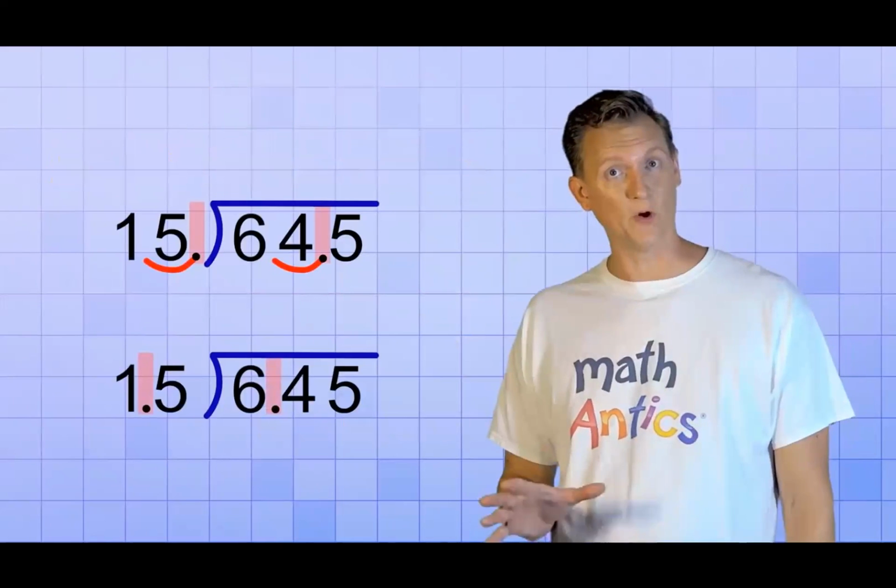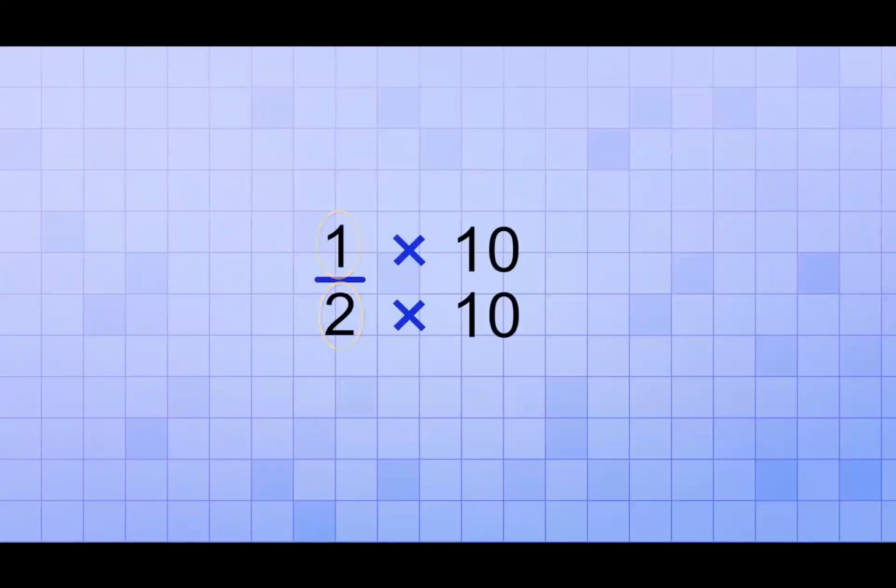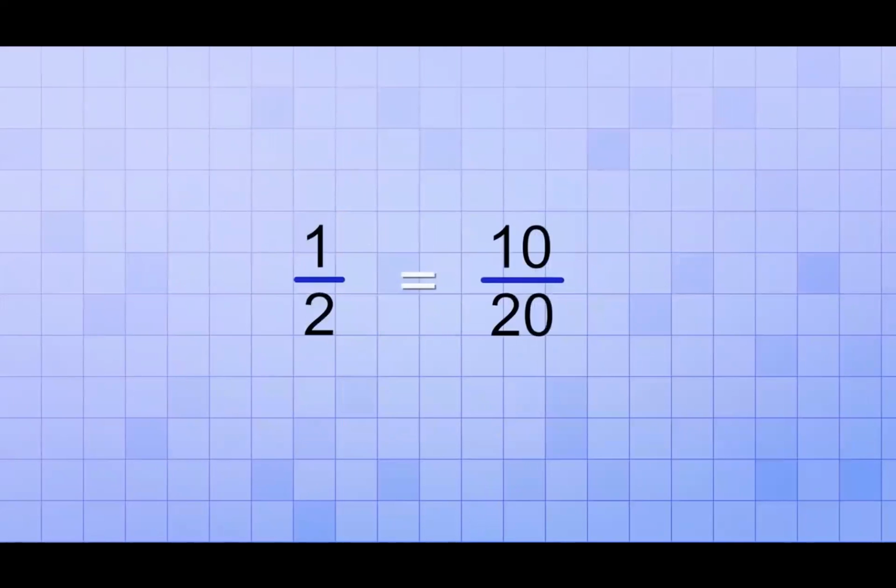And you'll realize why that works if you remember equivalent fractions. Think about the fraction 1 over 2. That's the same as 1 divided by 2, right? Okay, but what if I multiplied both the top and bottom number by 10? That would give me 10 over 20, which is equivalent to 1 over 2. Even though it uses different top and bottom numbers, both represent the value 1/2.